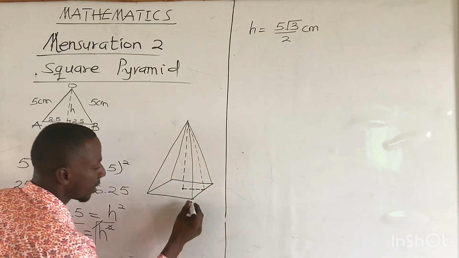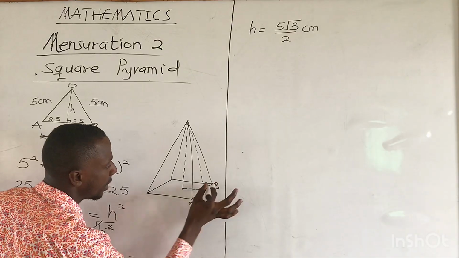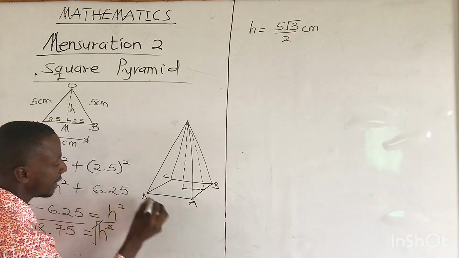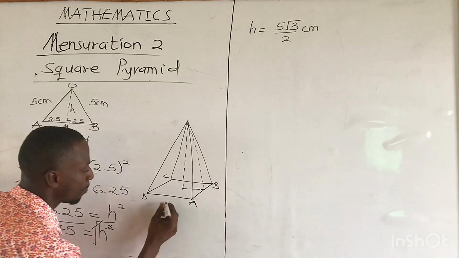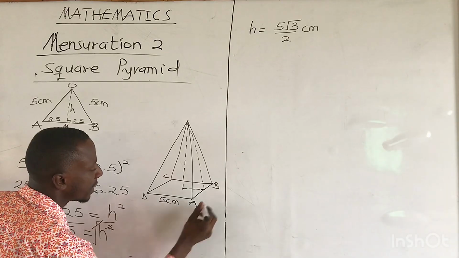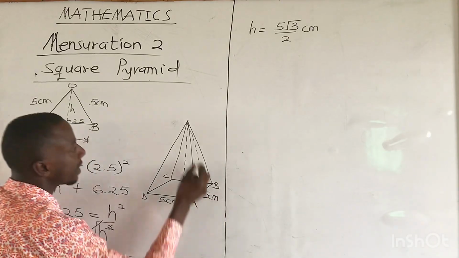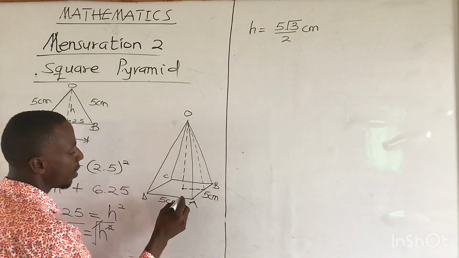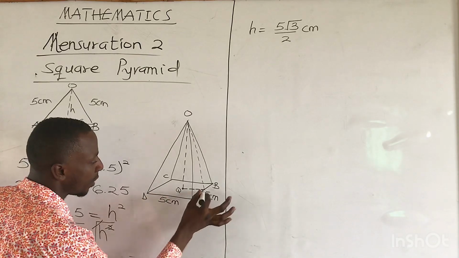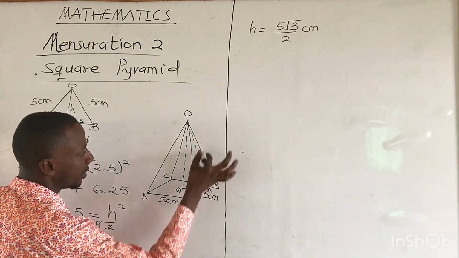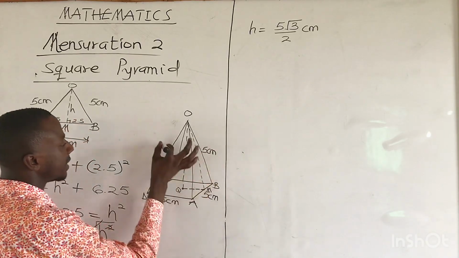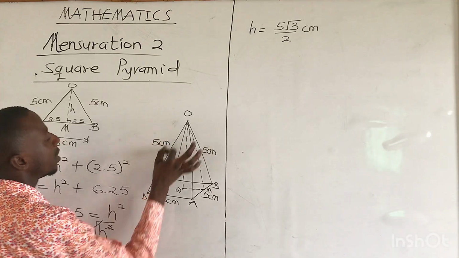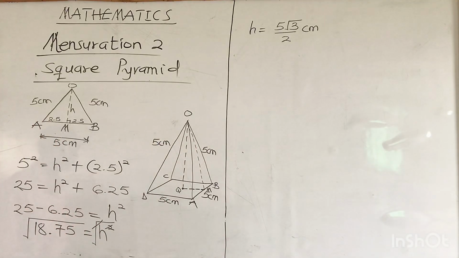All right, now we have A, B, C, D. Then this side was 5 centimeters, another 5 centimeters. We have O, we have here Q, and we had here M. This side was also 5 centimeters, and this side was also 5 centimeters.